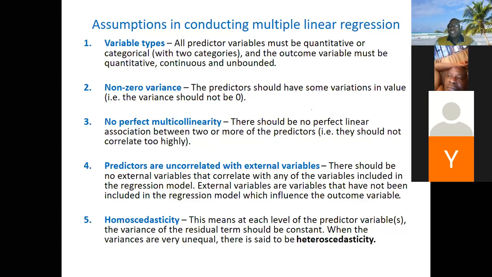Most of the time, it's the category that has the least of the attribute you are looking for that you make the reference. In that case, 4 categories, then you are creating 3 dummies.